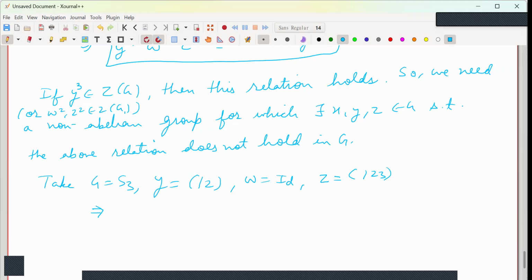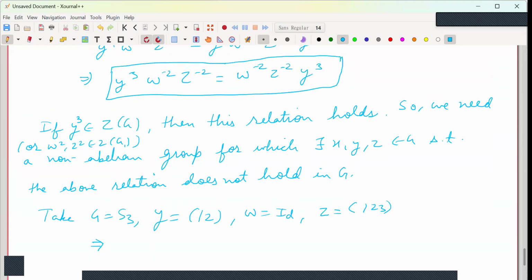So now you can check what is y cube w minus 2 z minus 2. y cube is taking the cube, 3rd power of (1 2). After taking the 2nd power, (1 2) vanishes. So you just have the 1st power left, so it will be just (1 2). w is anyway identity, so it will vanish.